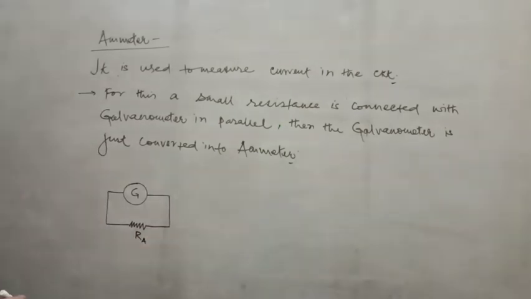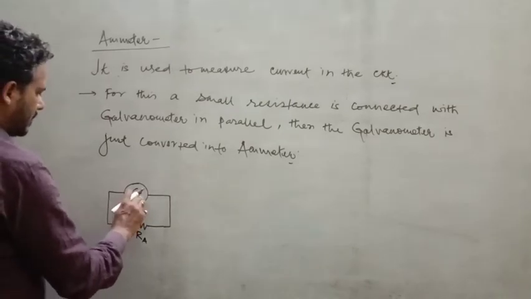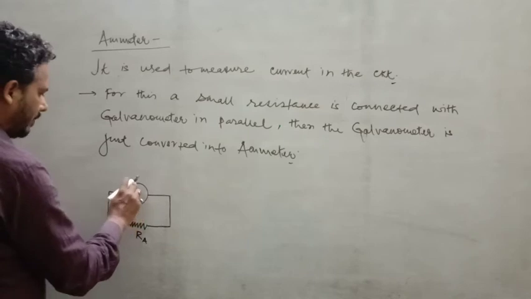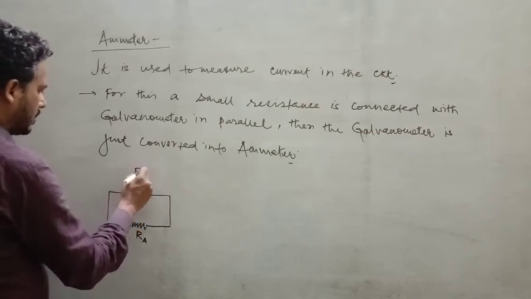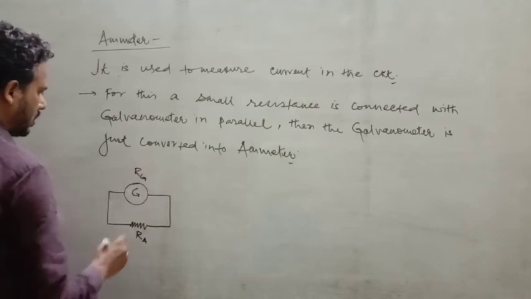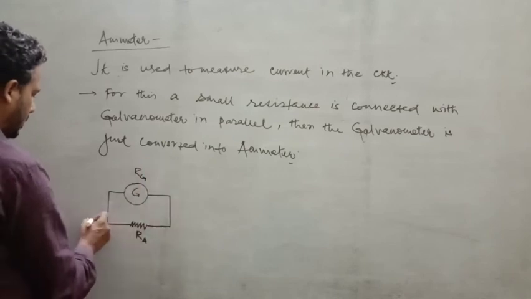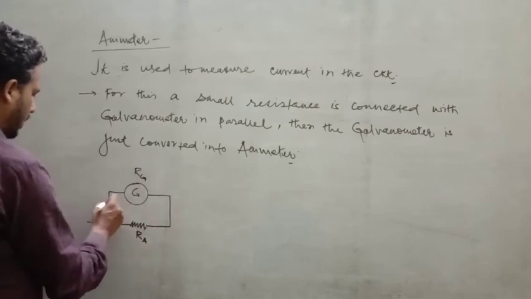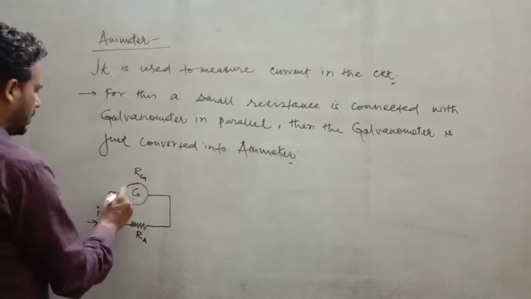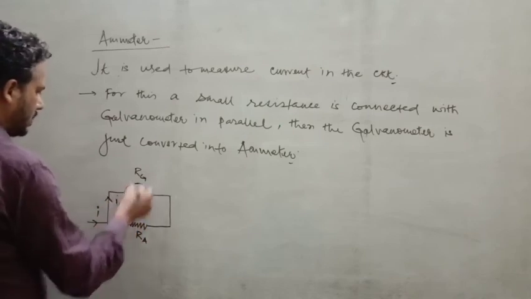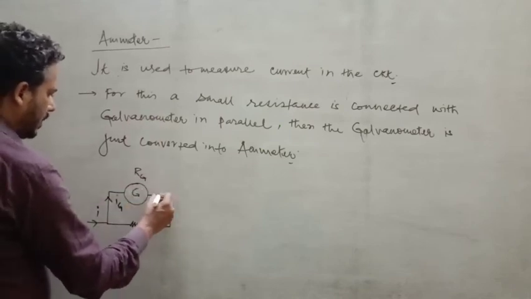And you know that the galvanometer has a coil, so it also has a resistance, and this one is called Rg. If I give a current I to operate, the current flowing through this galvanometer is called Ig, as we discussed in the galvanometer lecture. It flows in this direction.